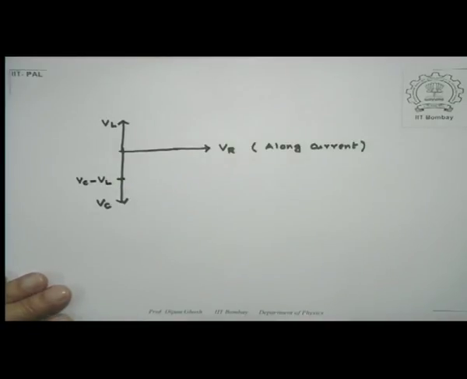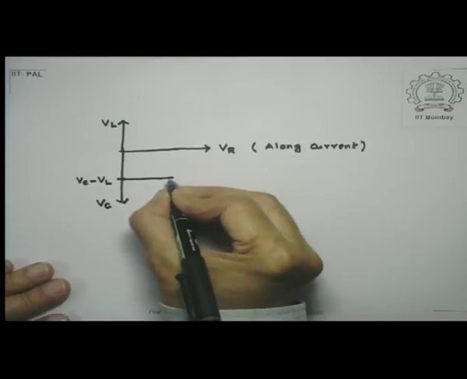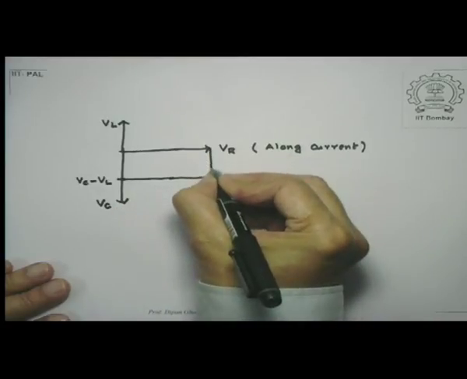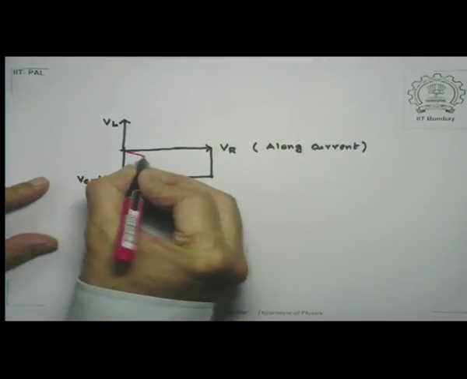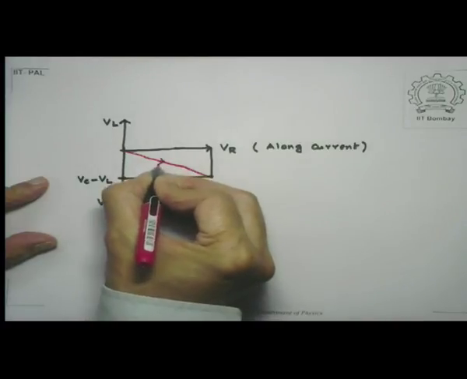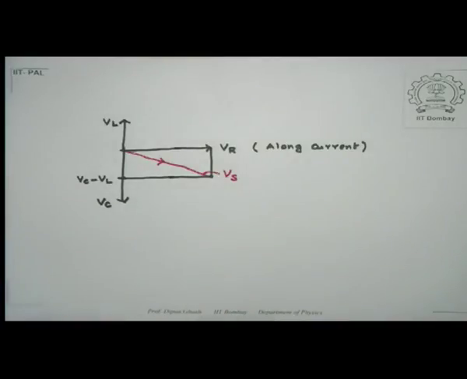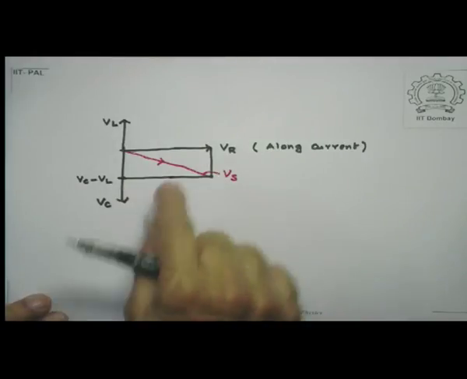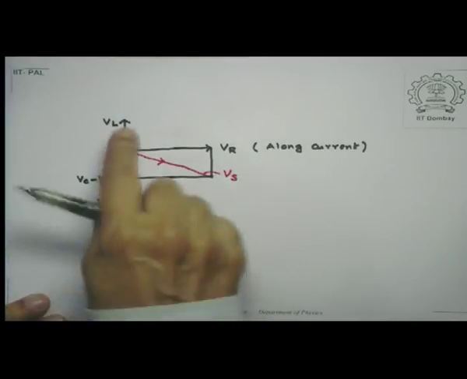Now what I do is this: if I complete this parallelogram, then this would give me the direction of the source voltage. So let's call this Vs for the source.